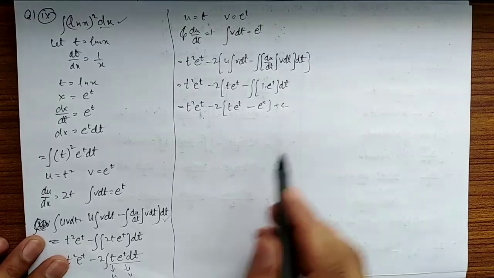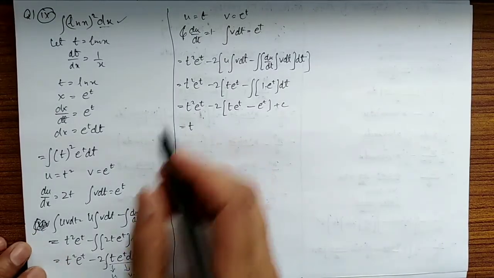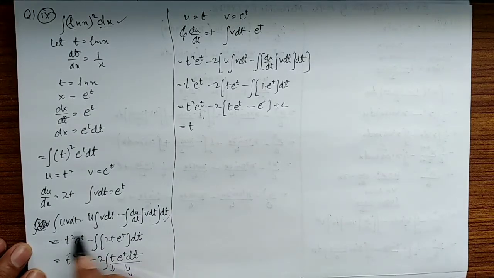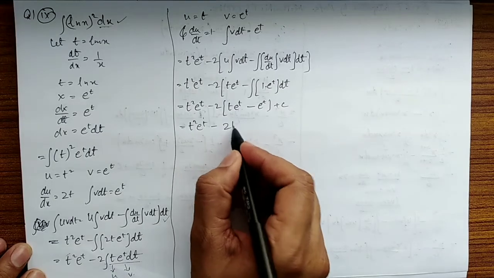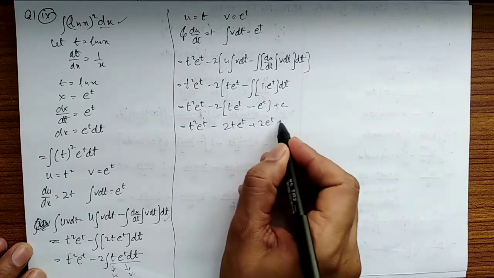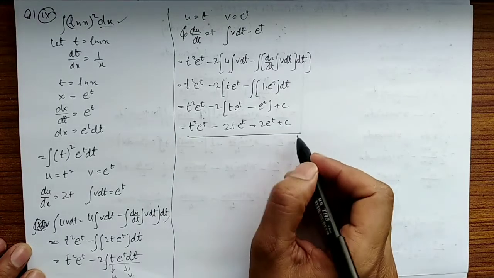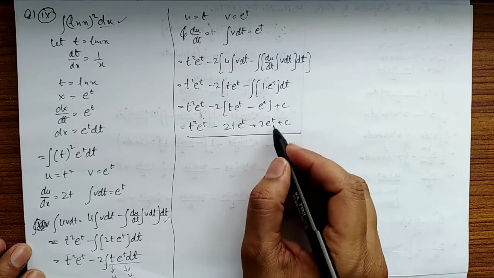Finally, this first part is the one that we have obtained in the first integration: t square e power t minus 2 t e power t plus 2 e power t plus c. So this is our answer in terms of t.